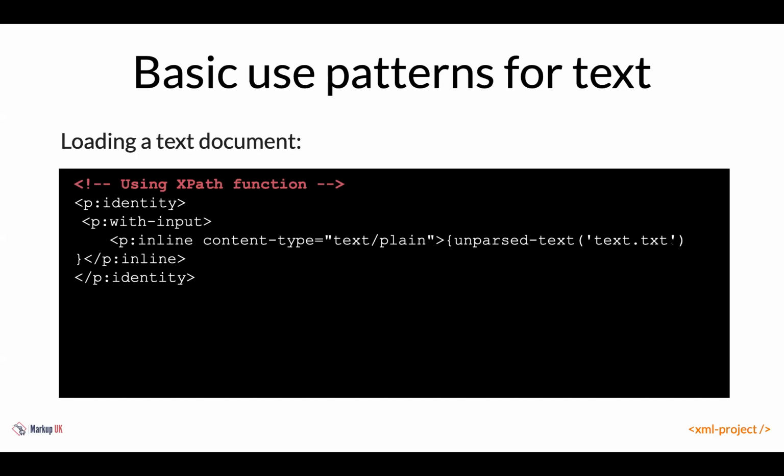Of course, you can also use unparsed-text-lines, which will read the text and split it into lines, but you have to be careful because this does not return a single atomic value, but a sequence of atomic values, and these have to be treated a bit differently.